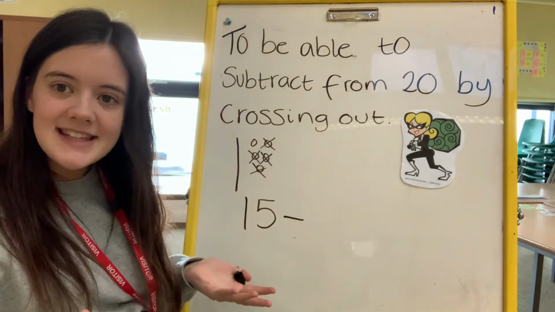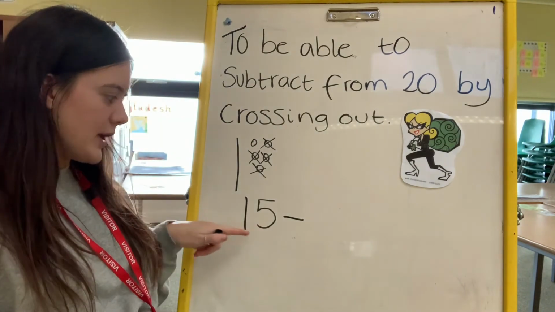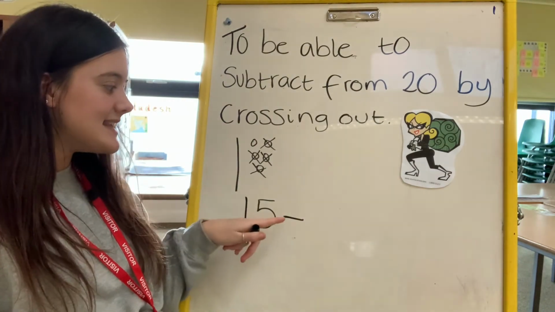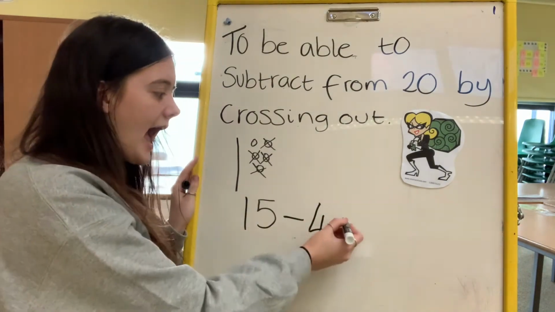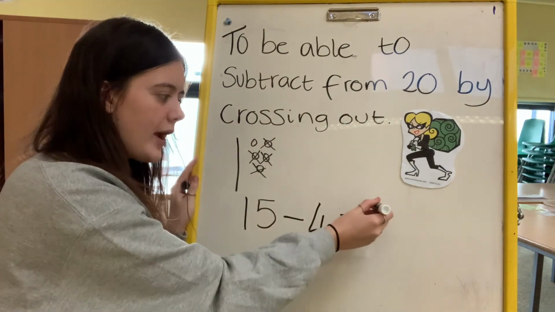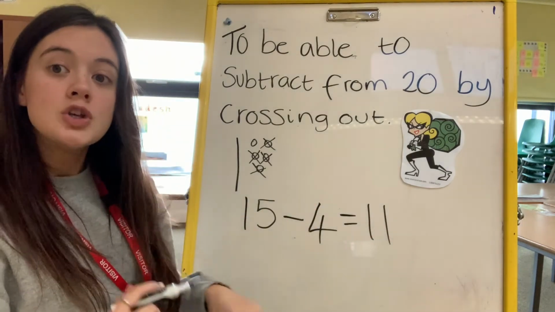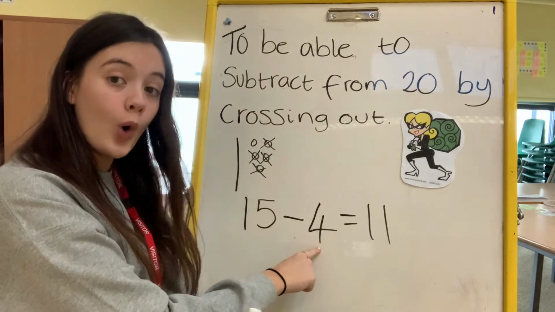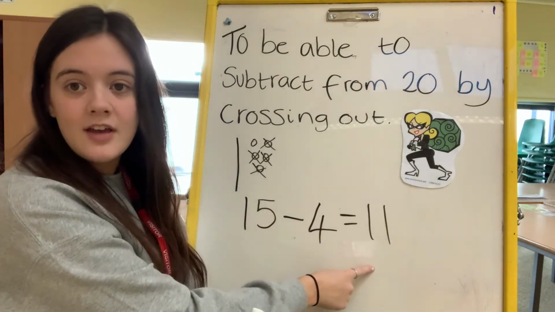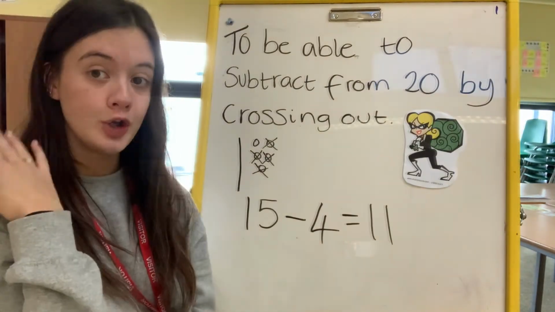It's 11, isn't it? So we know that we have 15 pens and Sally took away 4 of them. And that left us with 11. So we know that 15 take away 4 equals 11. Super duper. Pat on your back.